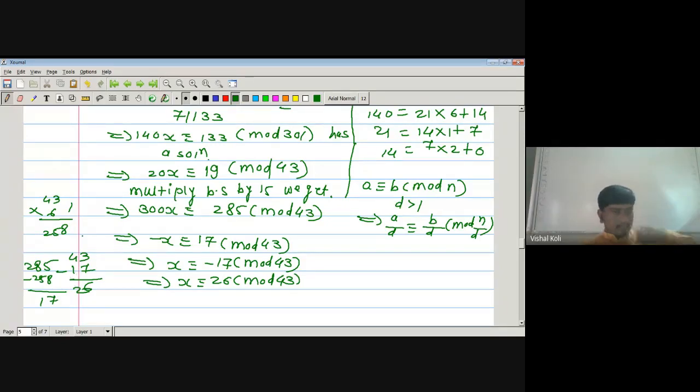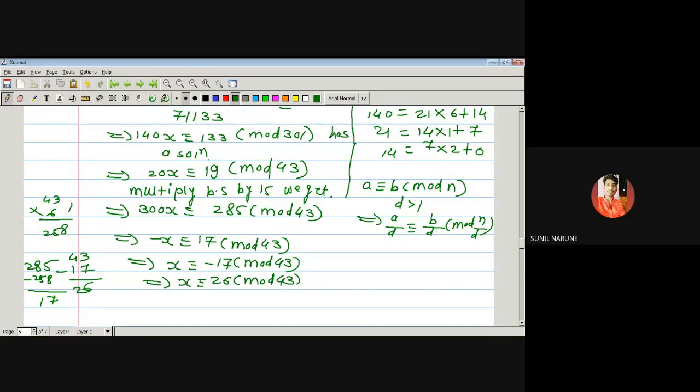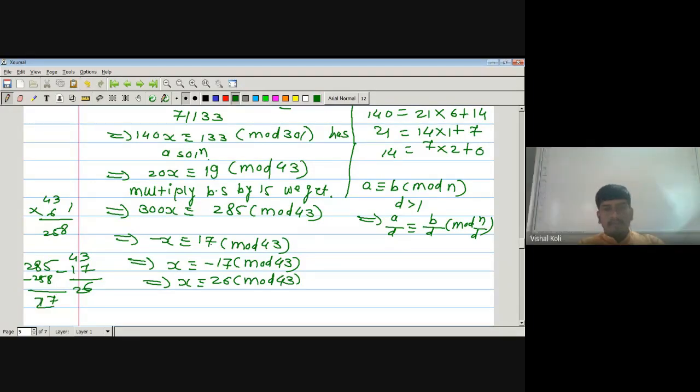There is a small printing mistake on the board; the value should be 27. If this is 27, then x is congruent to 16 modulo 43, which implies 43 divides x minus 16.